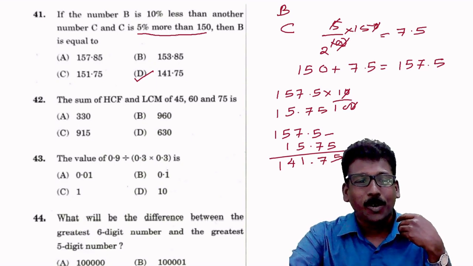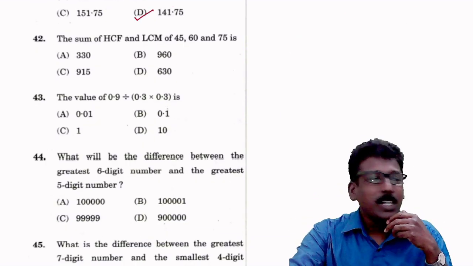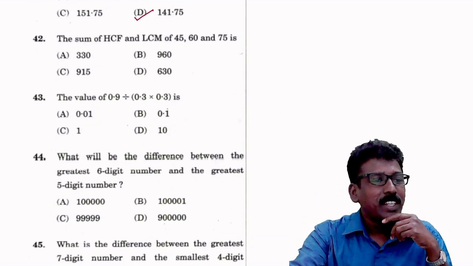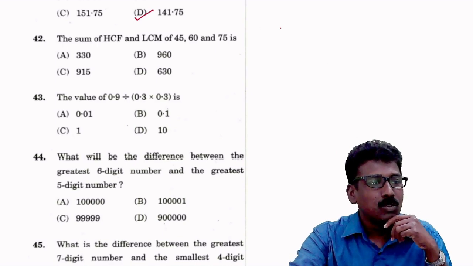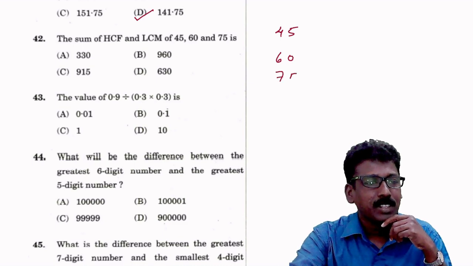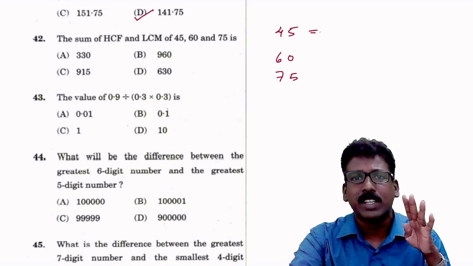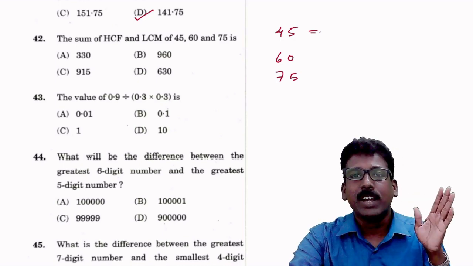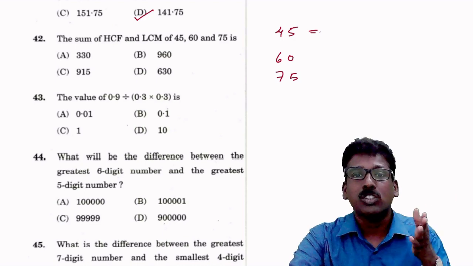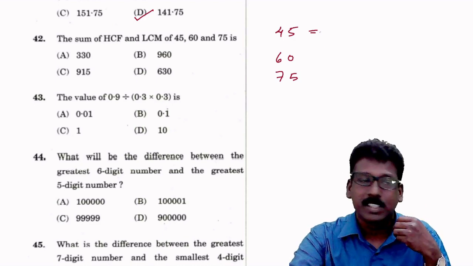Similarly, try to do all other questions. Now look at question number 42. HCF and LCM of the numbers 45, 60 and 75. Prime numbers means 2, 3, 5, 7, 11, 13, etc. Dividing or factorizing by using those numbers, we call it prime factorization.